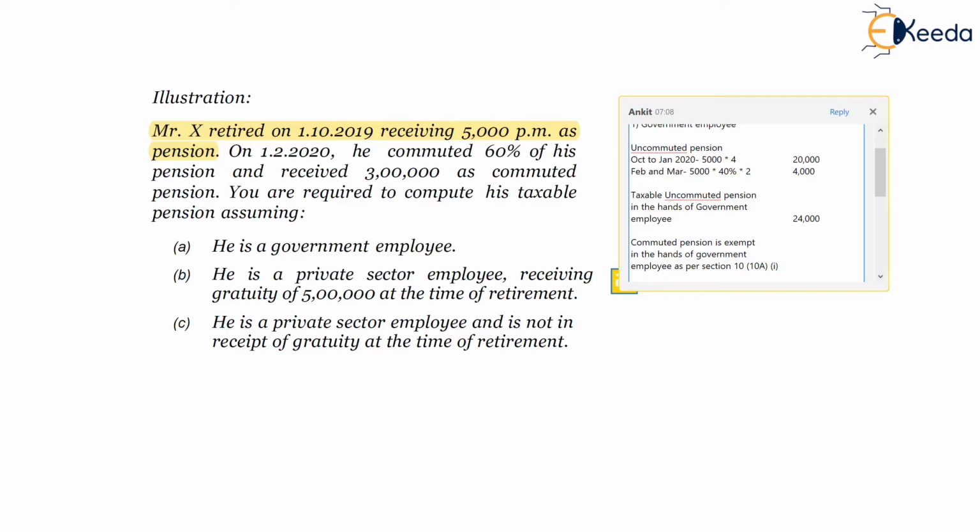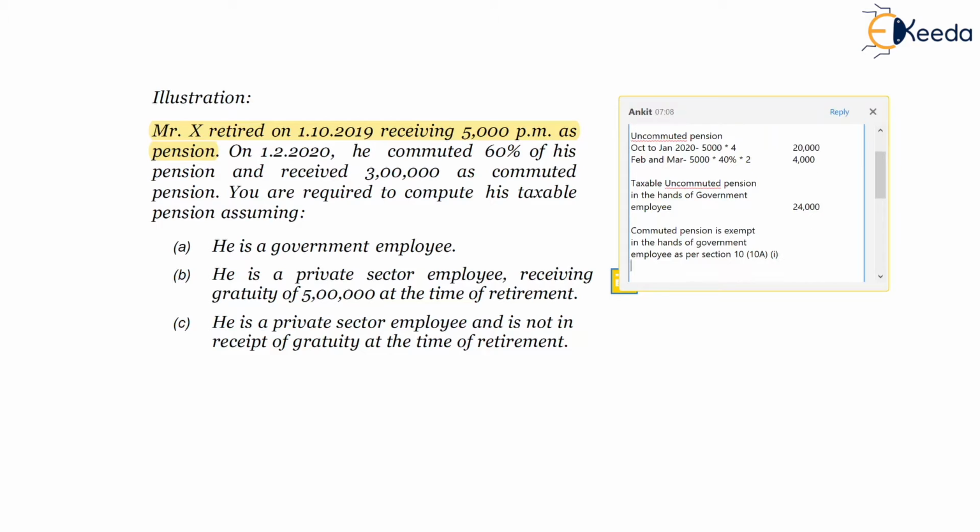So friends, if Mr. X is a government employee, then in such a case, uncommuted pension will be taxable and commuted pension will be exempt as per subclause 1, right? Subclause 1 of clause 10A of section 10.